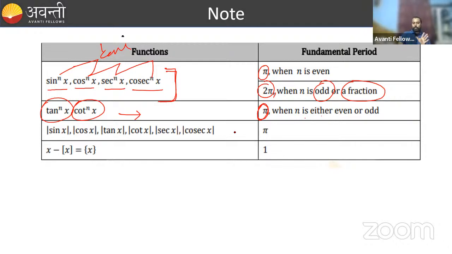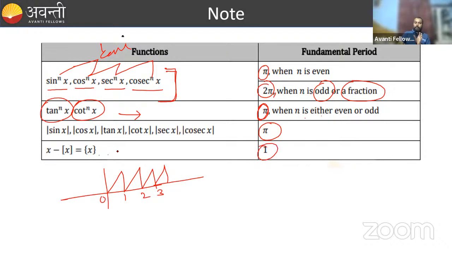When we take the mod of trigonometric functions, the period will always be pi. And remember the period of x minus greatest integer of x, that is the fractional part of x. All of you know the graph of the fractional part of x? That is 1 unit. The period of the fractional part of x is 1. Okay, clear? So let's move.